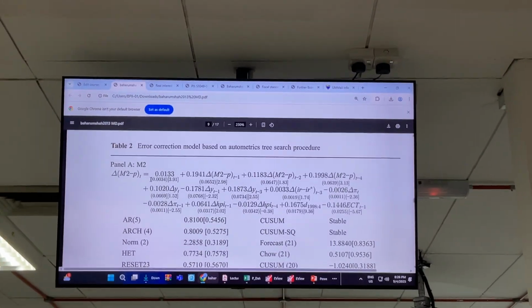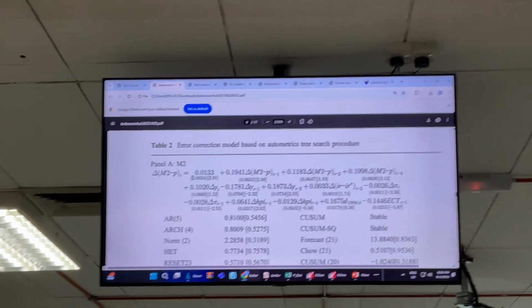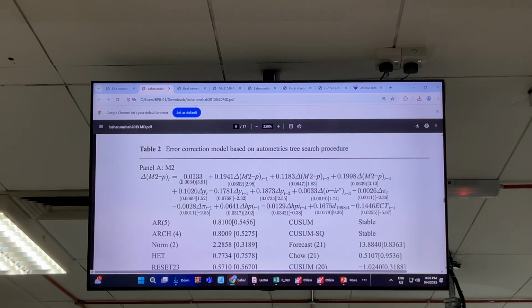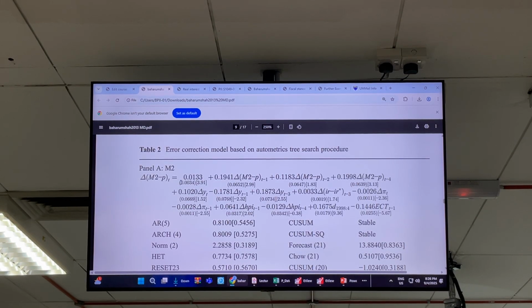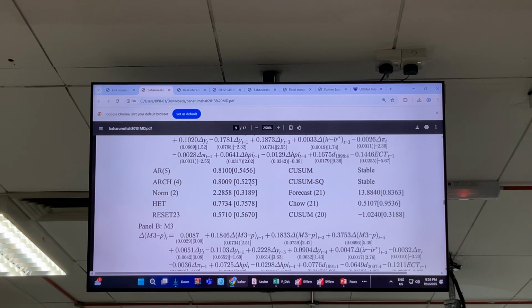This error correction model is based on the short run. When you read this result, you have to see what the variables are, what the values in the parentheses are, and what the values in the brackets are. Parentheses are the standard errors, brackets are the p-values. Then supplement your result with diagnostic tests.